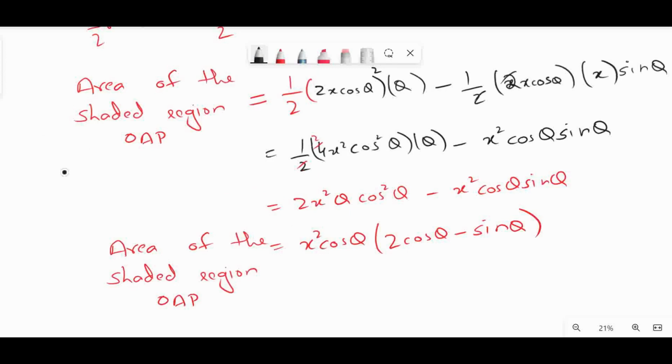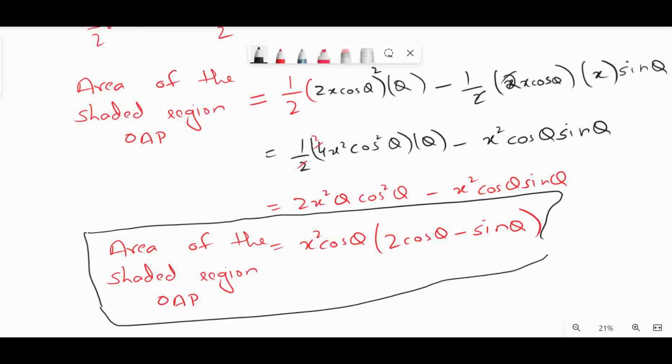We cannot simplify it further as we don't know the values of x and theta. If we knew the values, then we would have to find the area as a numerical value. So in this particular case, this will be the final answer.